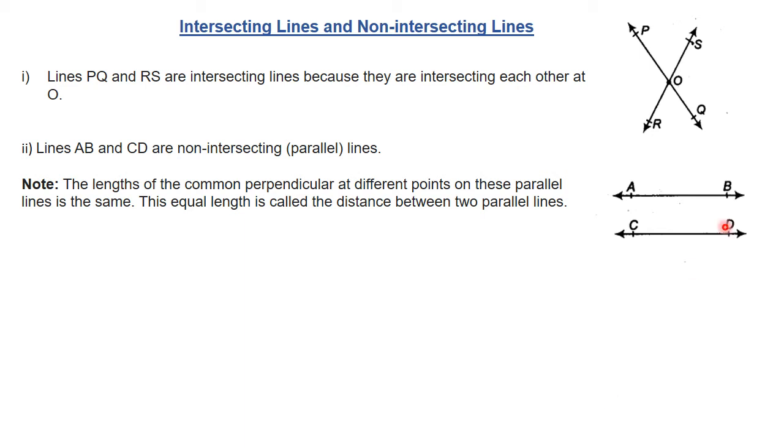So we can say that the distance between two parallel lines is always constant, whereas when we talk about intersecting lines, the distance between them goes on decreasing or increasing depending upon the point of intersection.